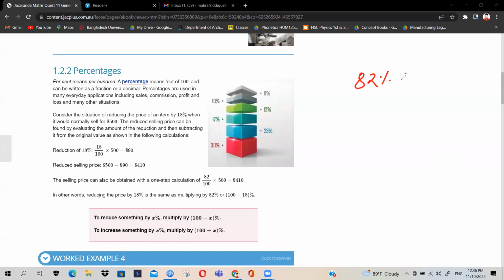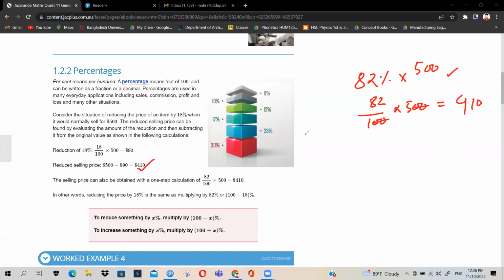So 82% multiplied by 500, that is 82 upon 100 multiplied by 500, which is 82 multiplied by 5, which is 410. So we are getting the same value.